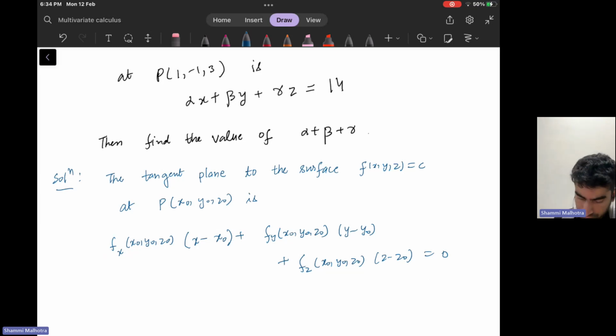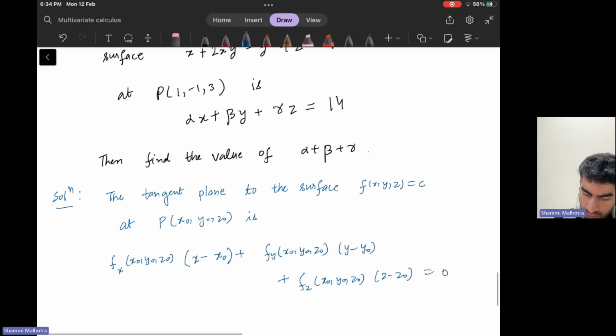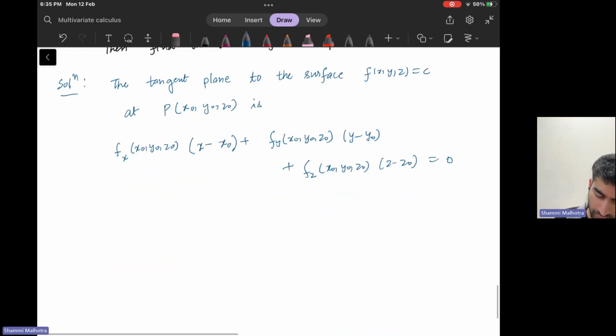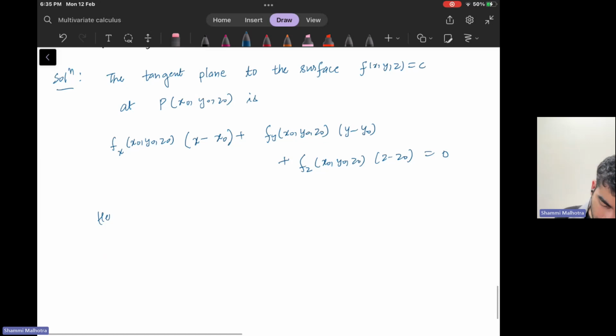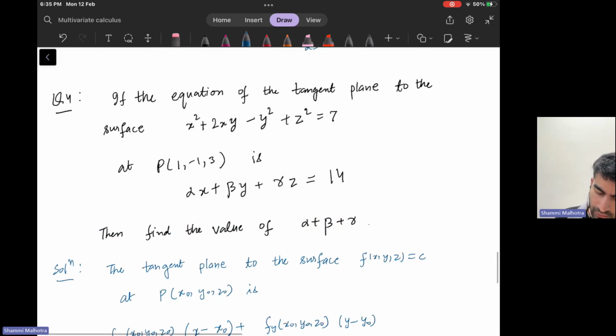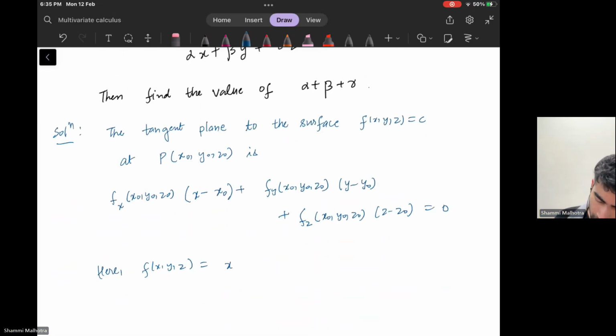So to calculate this, the function given here is x square plus 2xy minus y square plus z square. This is our function.